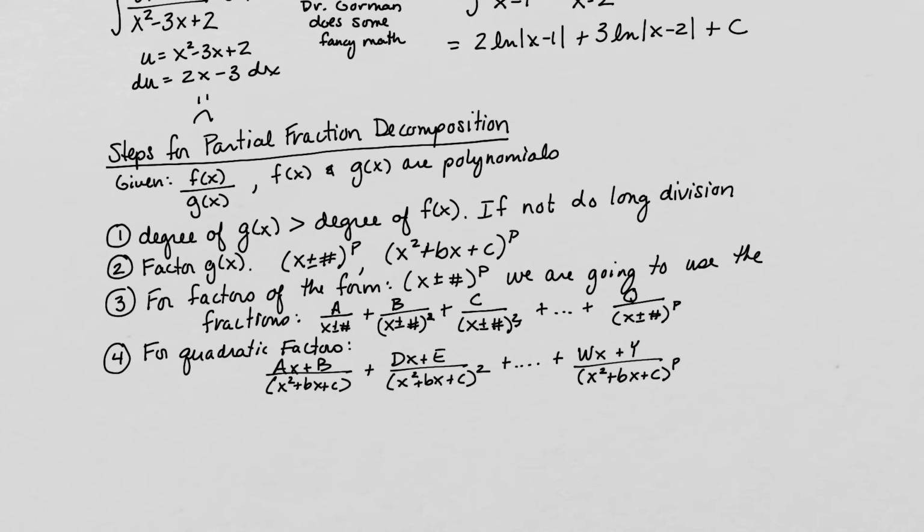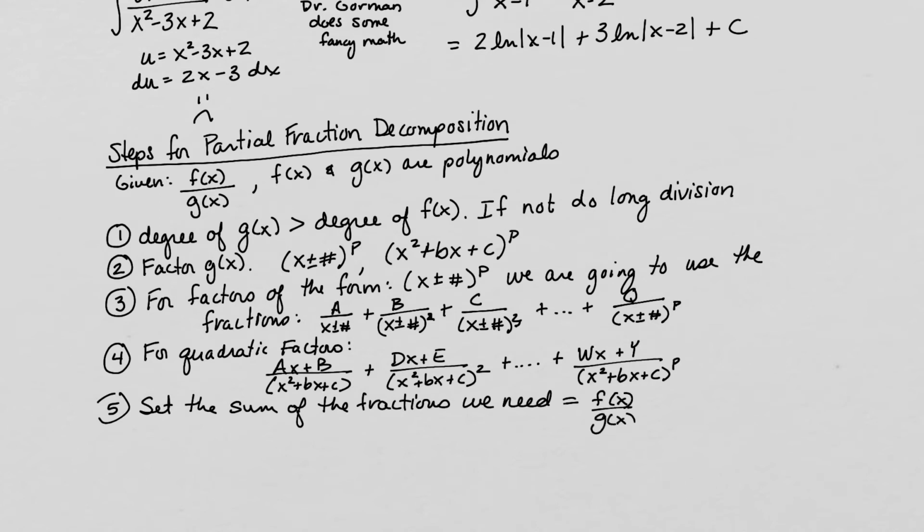So we're almost done, and then we'll do an example, and I think it'll make a lot more sense. So for part 5, we're going to set the sum of the fractions we need equal to f of x over g of x, so back equal to our original. And then finally, 6, we're going to solve for our constants.